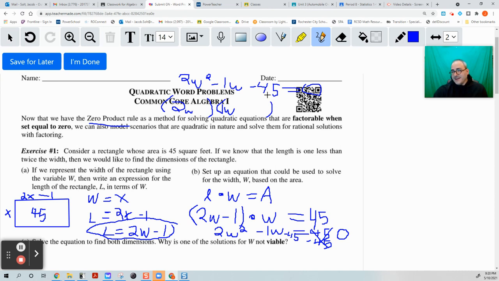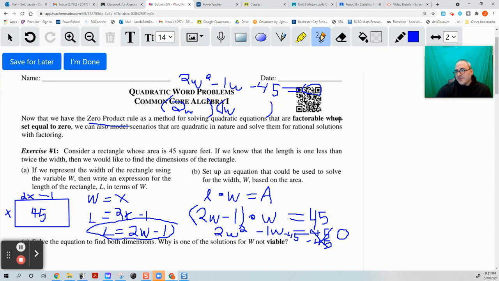All right, now I've got to think of factors of 45, there's a couple of those, where if I multiply one of those factors by 2 and then add them up, where one of them could be negative, I get -1. So this is a little more difficult. Let me think about the factors of 45. 1 times 45 works, but that's probably not what I'm looking for.